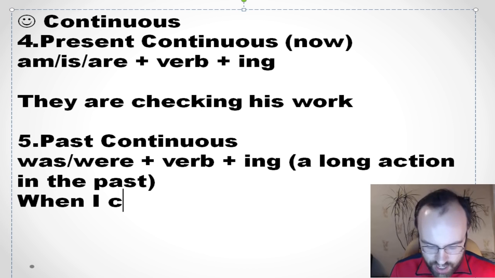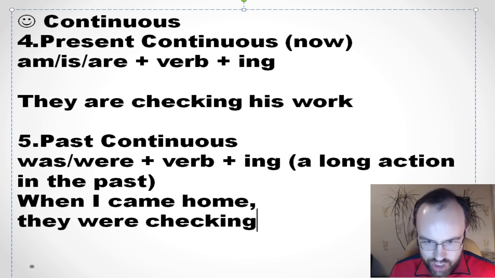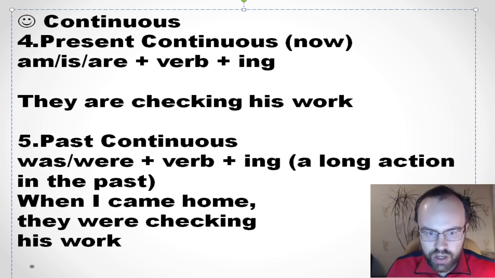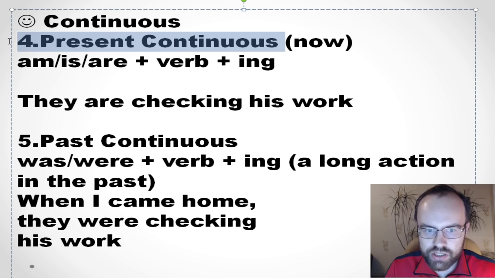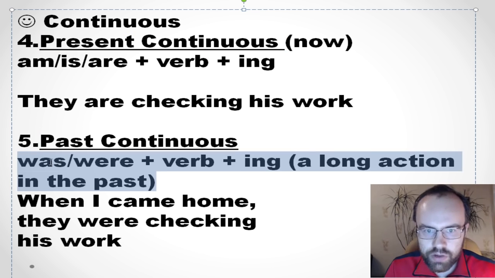So when I came home, they were checking his work. So you see present continuous for things which are happening now, past continuous for long actions in the past, was verb plus ing, good.